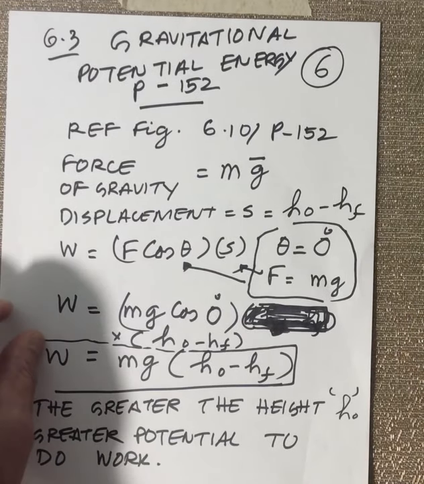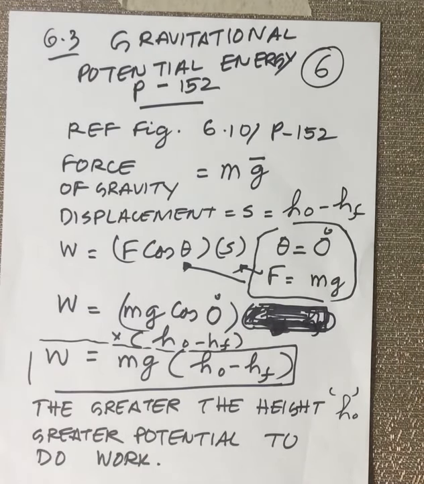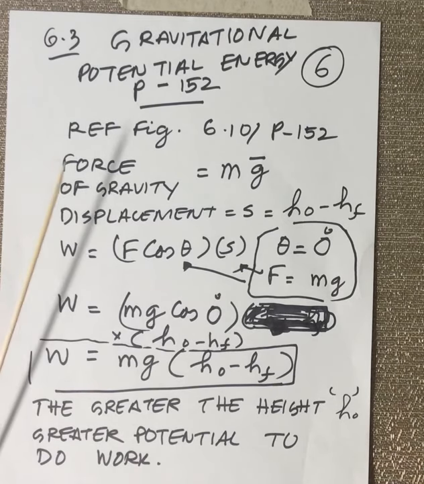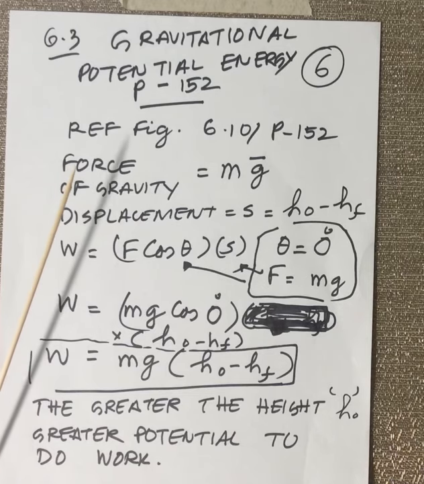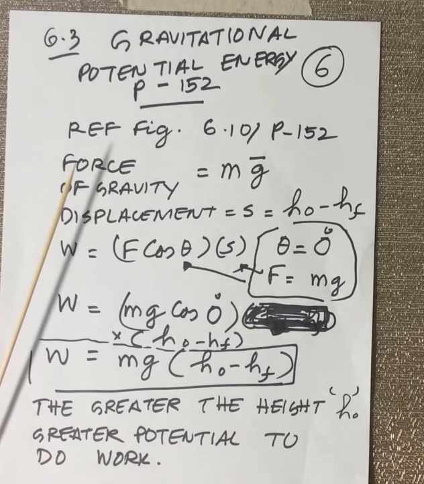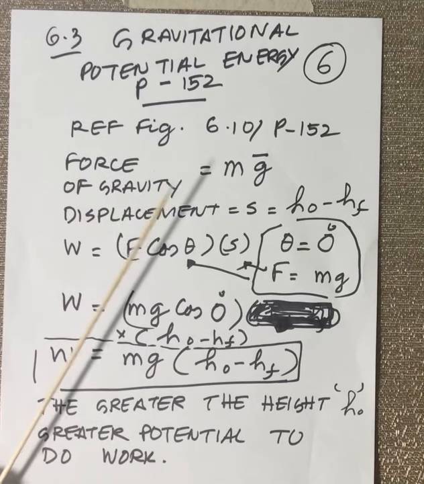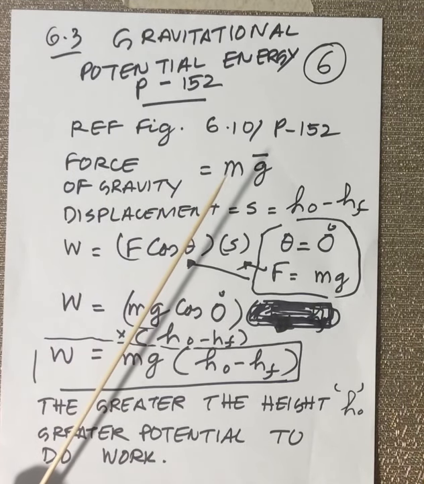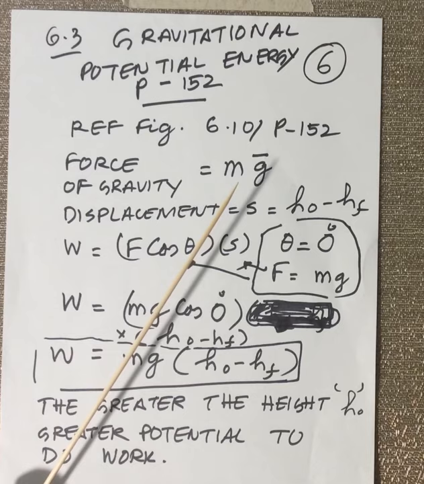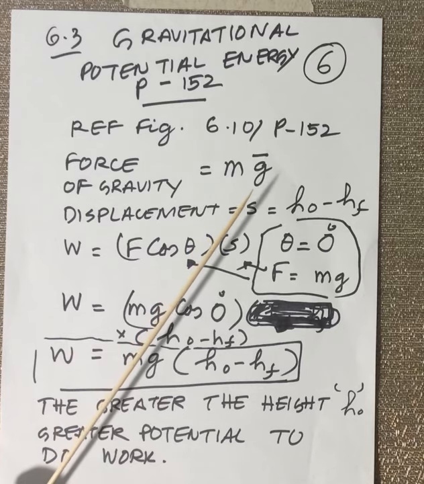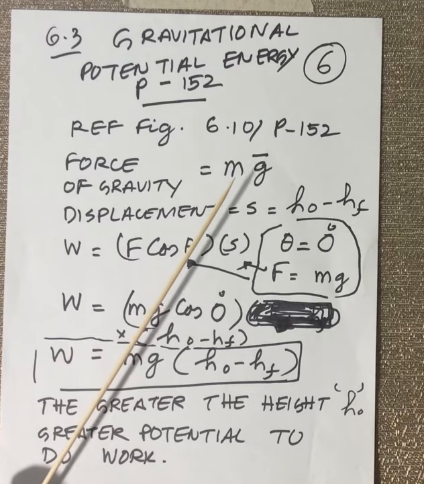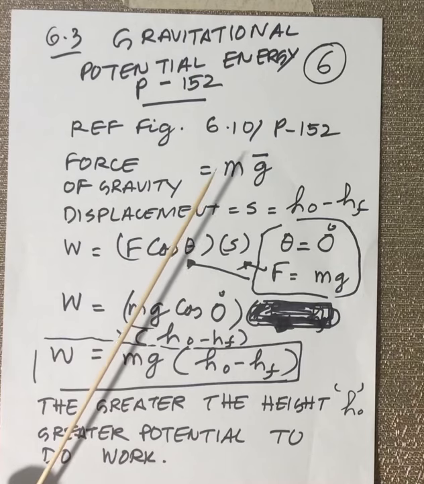Now we come across another energy, which is known as gravitational potential energy. Look at the figure we have, 6.10, page 152. Potential energy is dependent on the height where the object is situated, but kinetic energy depends on the velocity at which the object moves.